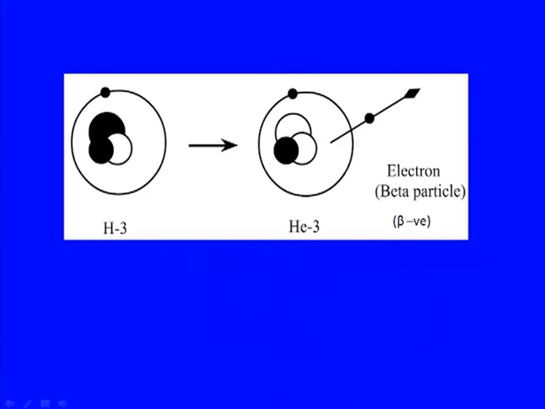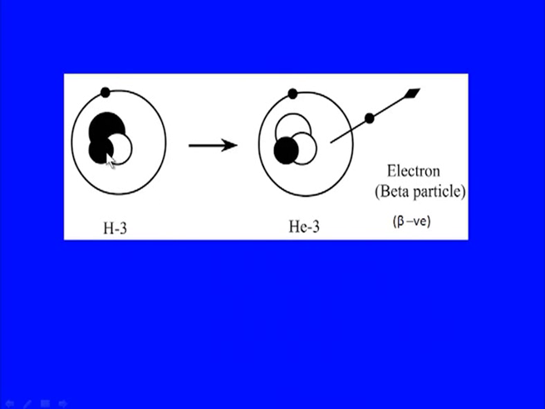Now, radioisotopes emitting beta particles are frequently used in biological work, and a few examples are 32P, carbon 14, 3H and 35S, which are all beta emitters, and there could be many more examples. This is a figure which shows beta emission.